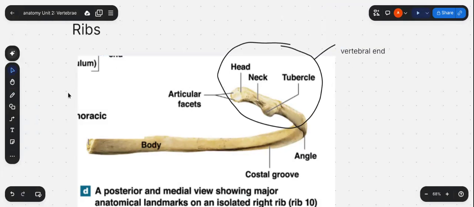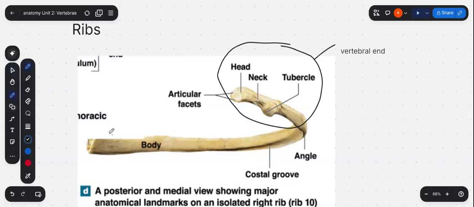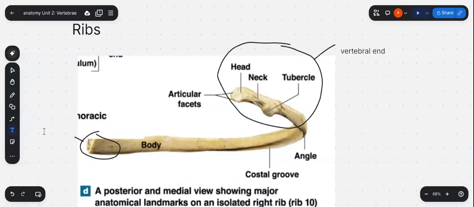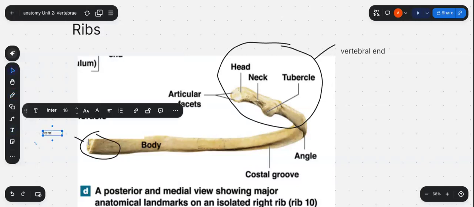So the 12 vertebrae that are in your upper back region. Then you have your sternal end, which is going to be this flatter portion over here because it is going to connect to your sternum bone. So that is your sternal end.